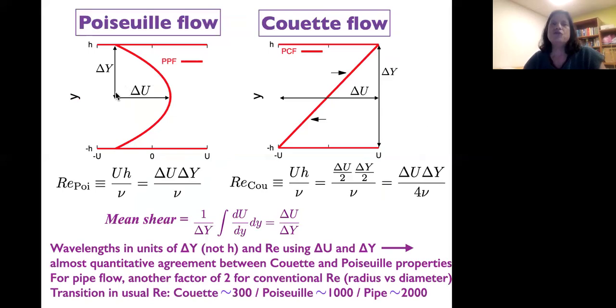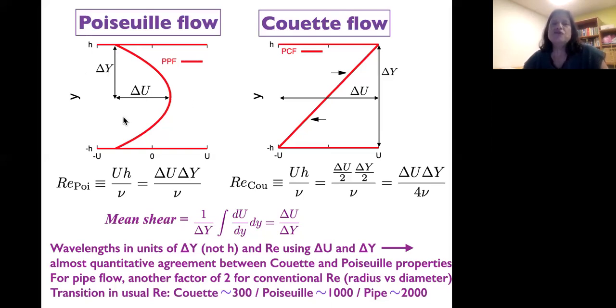In plane Poiseuille flow, you take your half gap to be the length, but that is the full length of a shear layer here. And hence there's a factor of 2 there.